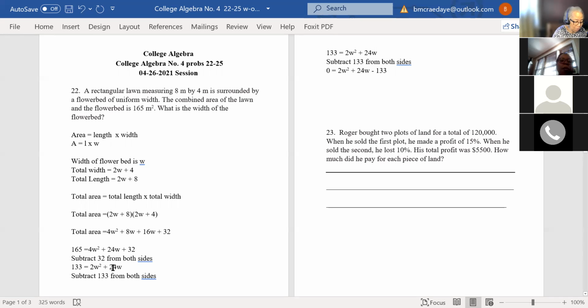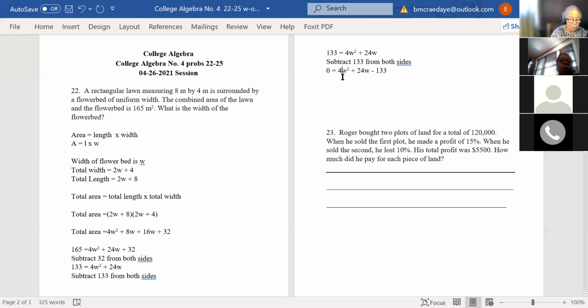Okay. So that would be 4W squared. And this would be 4W squared. 2 times 2 is 4, and W times W is W squared. Okay, so we have 4W squared plus 24W minus 133 equals 0.